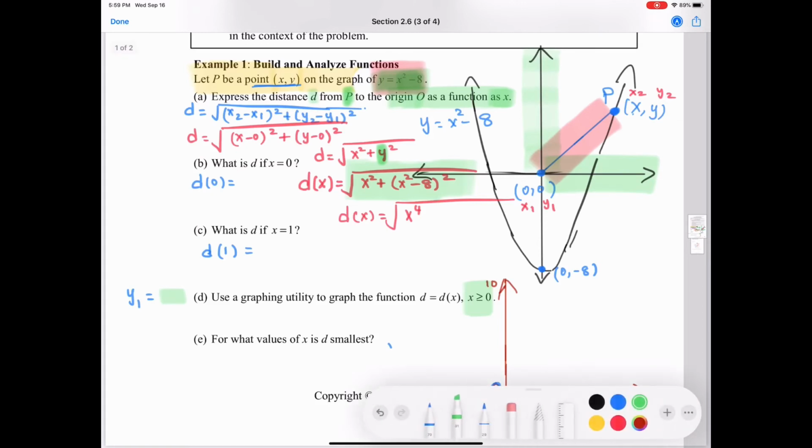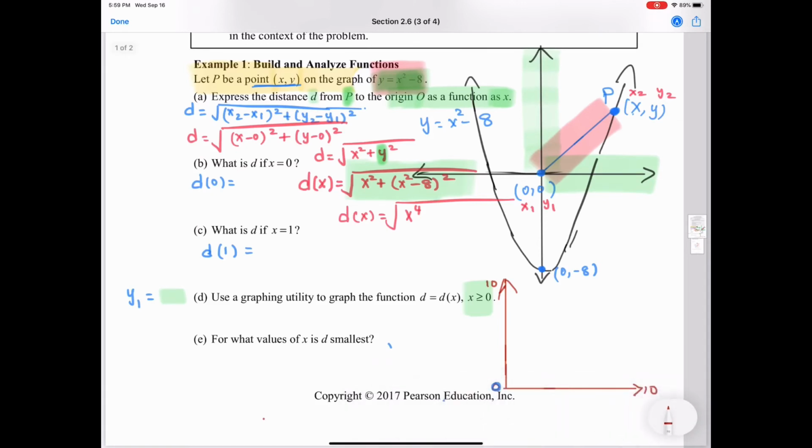Therefore, in the calculator, my x minimum should be 0. So you can go x min 0. X max, I'm going to keep the standard viewing window, which is 10. X scale, I keep it 1.